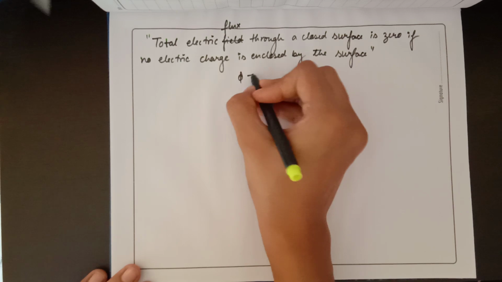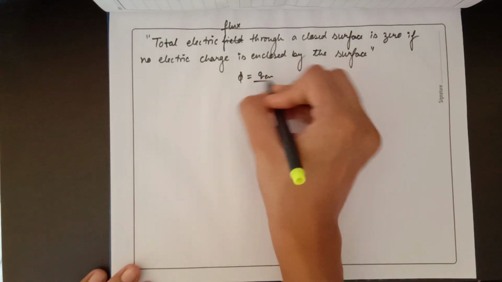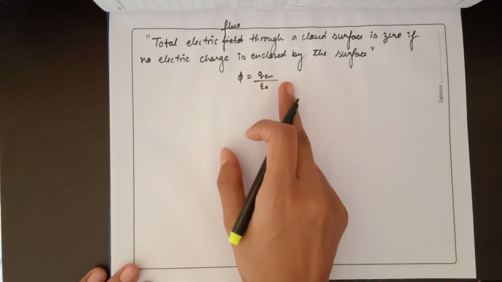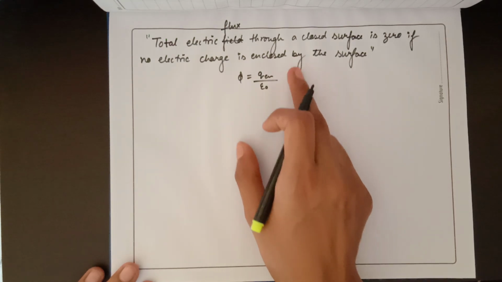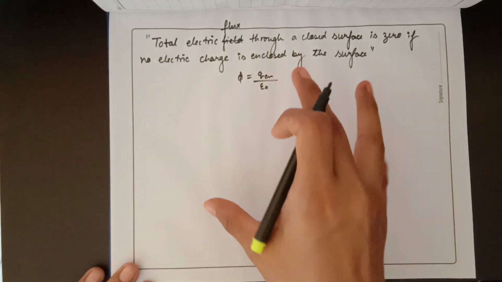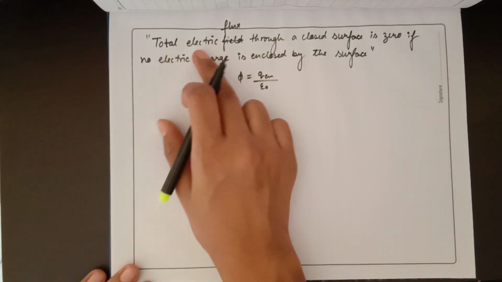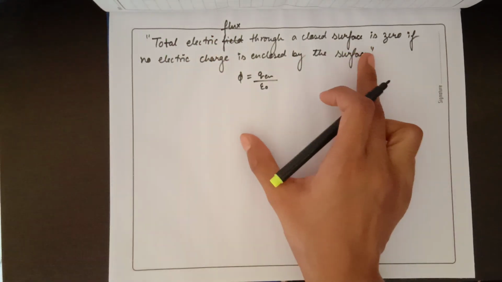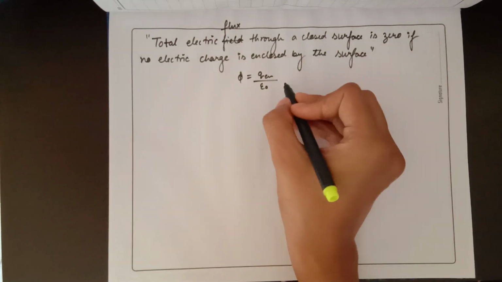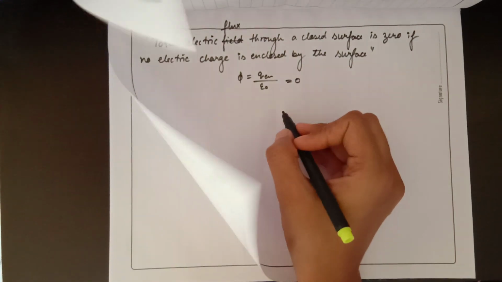As we know, phi is equal to q enclosed divided by epsilon naught. If there is no charge enclosed by the surface, then total electric flux through the closed surface is 0. It will be equal to 0.